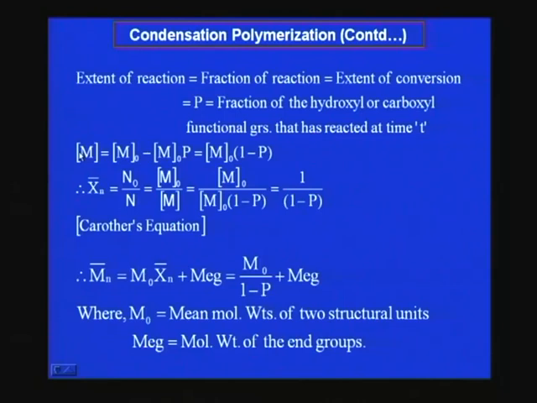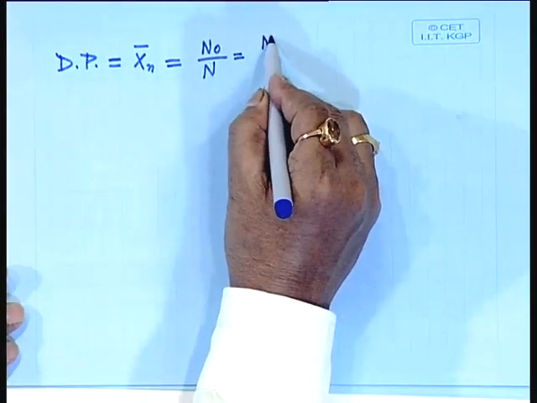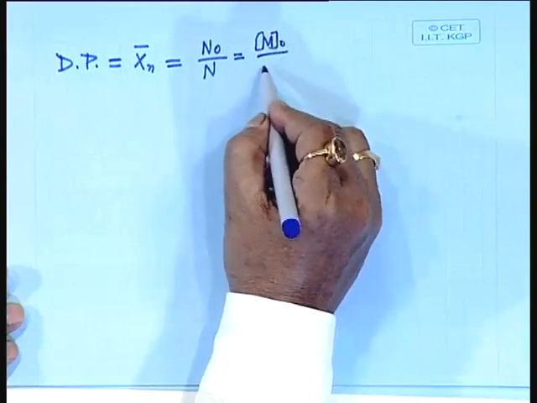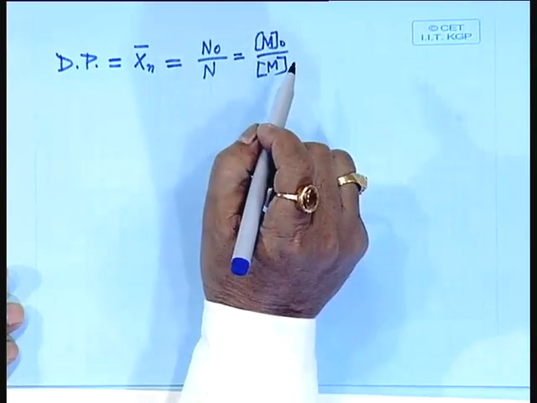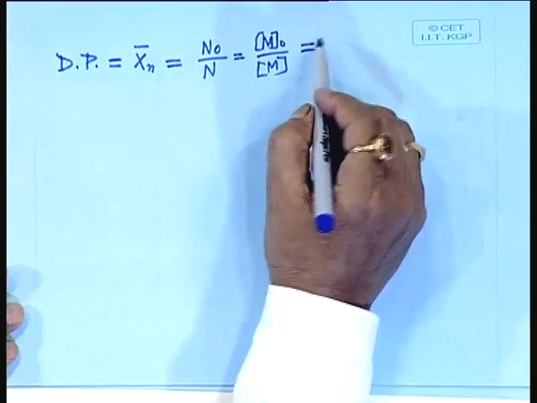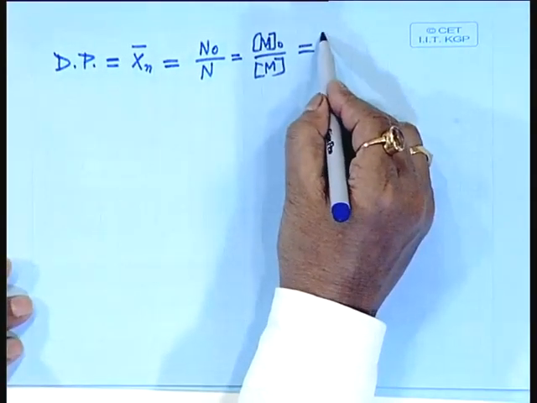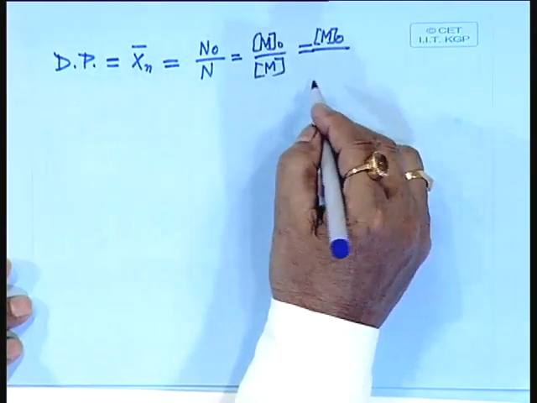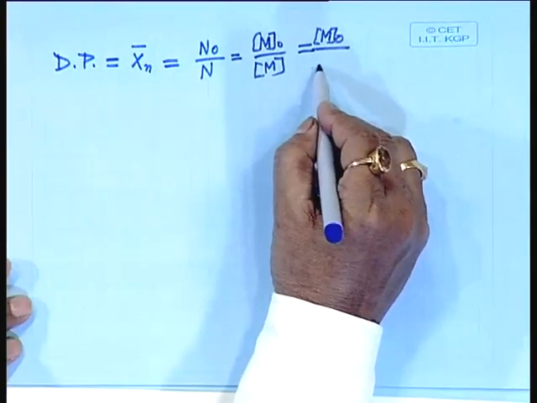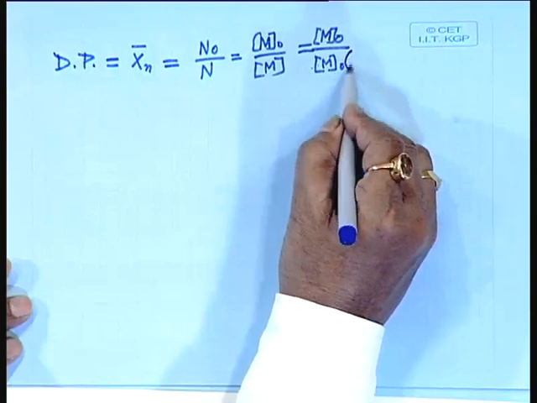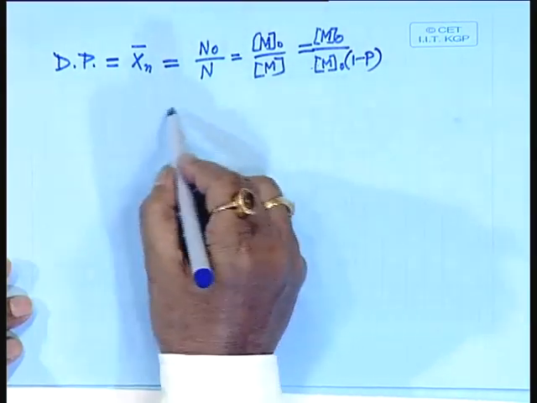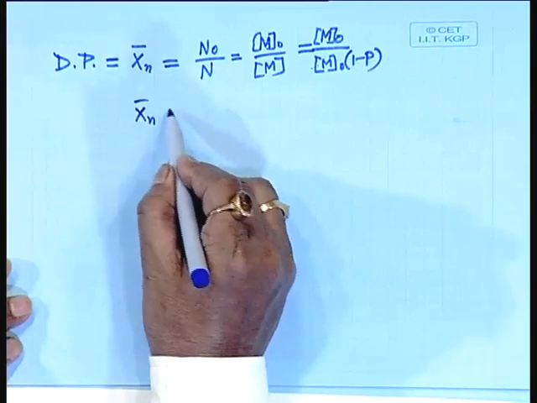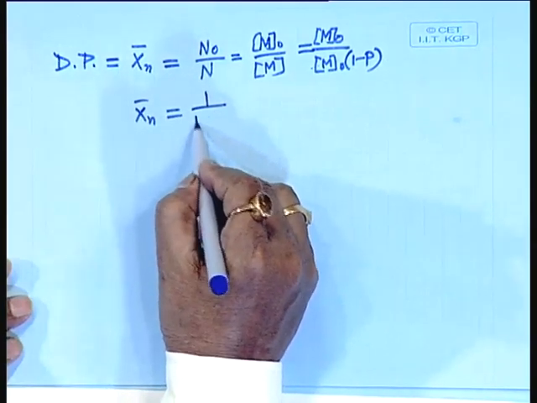So, you can convert it into mass, number into mass of each. You can also write it this way, m0 by m. Here, what is m? This is m0 into 1 minus p, which means xn bar is equal to 1 by 1 minus p.